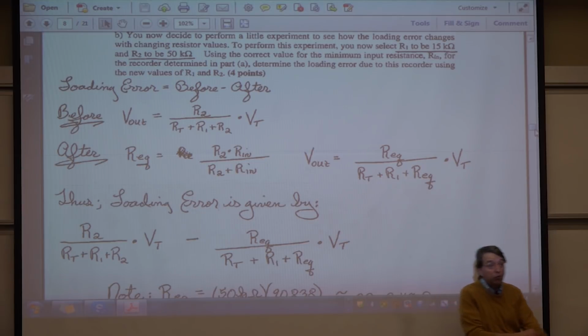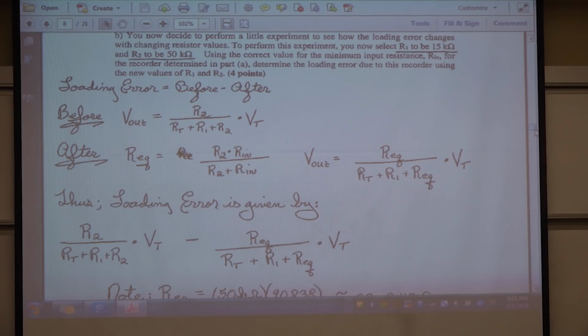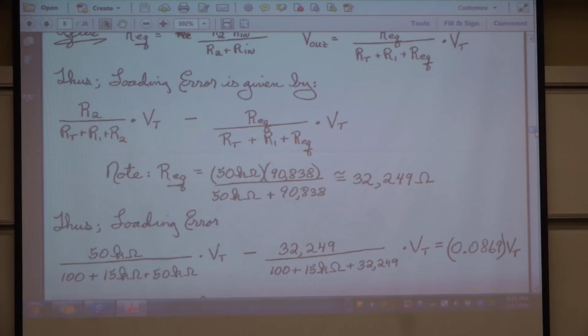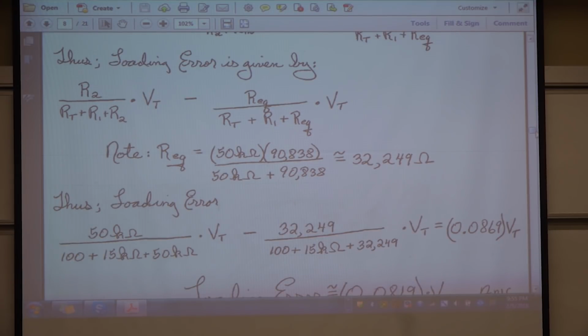Now, plug in all the values. See, here we have the advantage of having the values. So we plug in all the values, and the loading error, what was it before, 0.01? Now it's roughly 0.08.